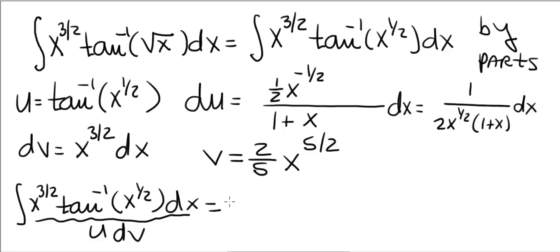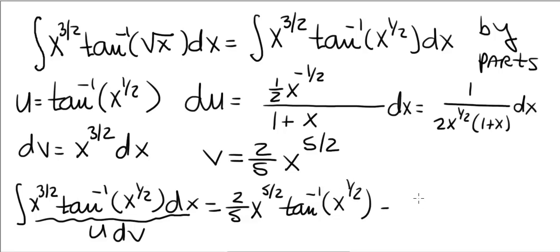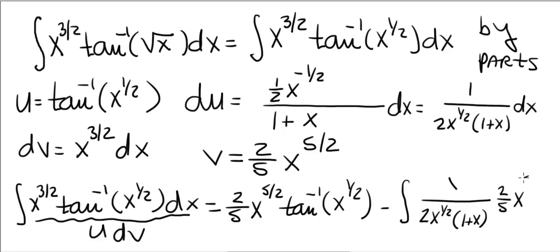It is equal to u times v, or 2/5 x to the 5/2 times the inverse tangent of x to the 1/2, minus the integral of v du, which is going to be 1 divided by 2 x to the 1/2 times 1 plus x times 2/5 x to the 5/2 dx.